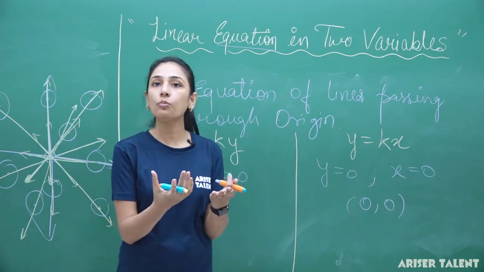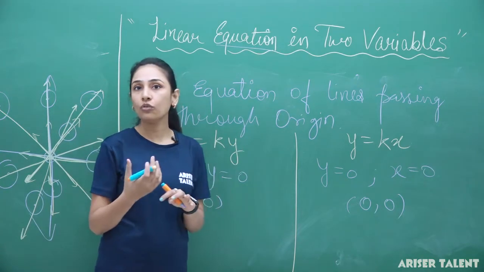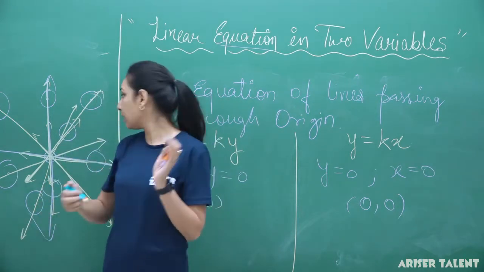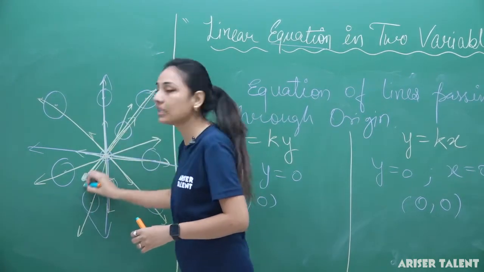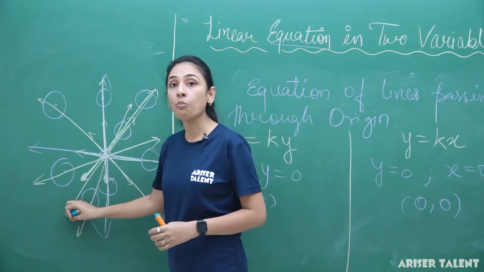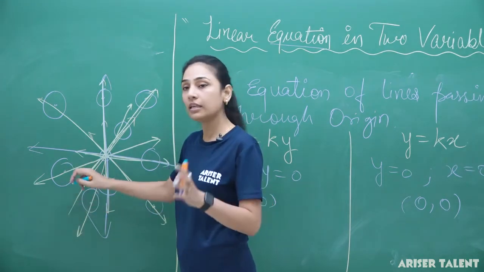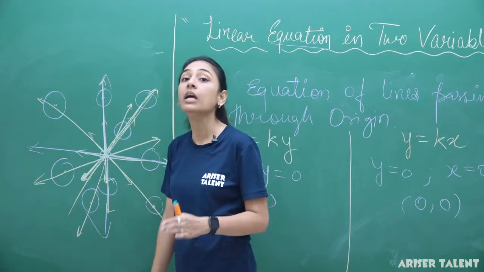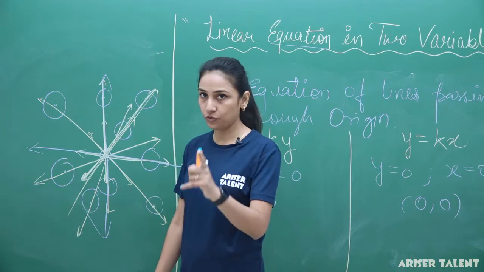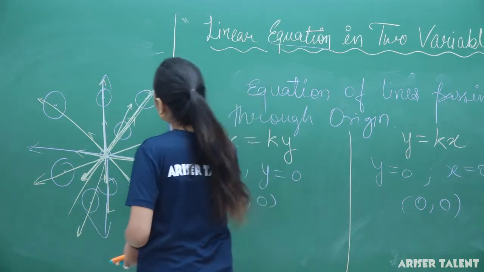Maybe you have 2 points with some value of y, but if you extend this line, because it is in the form of y equals to kx or x equals to ky, it will for sure pass through the origin if you are drawing it correctly on the graph. Understood?